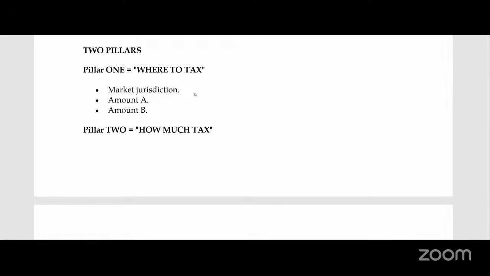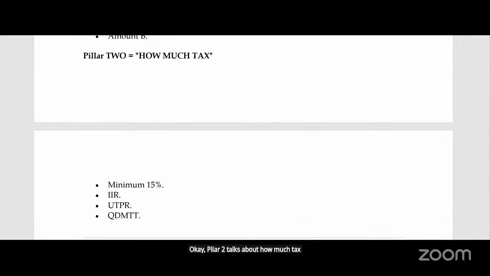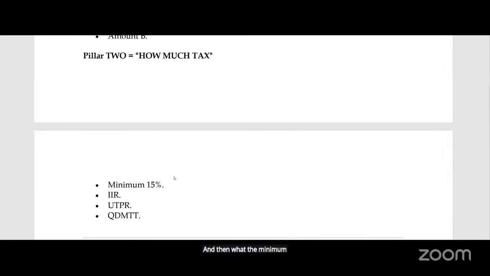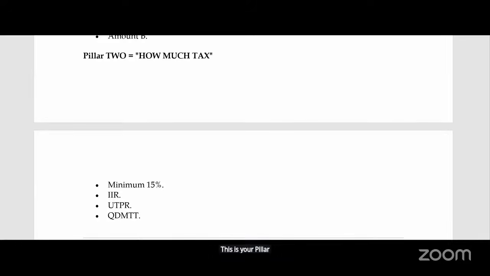At least 10% residual profit and 20 billion. And what are the considerations? Market jurisdiction, amount A, amount B. Pillar 2 talks about how much tax. So we have the minimum 15%, 750 million, the income inclusion rule and the under tax profit rule, and then the minimum top-up tax rule, the qualified domestic minimum top-up tax rule. So this is your pillar 1 and pillar 2.